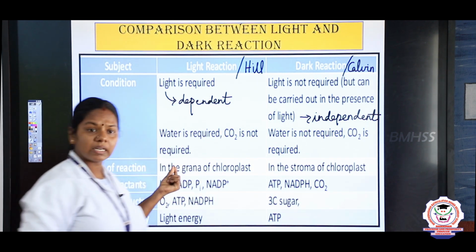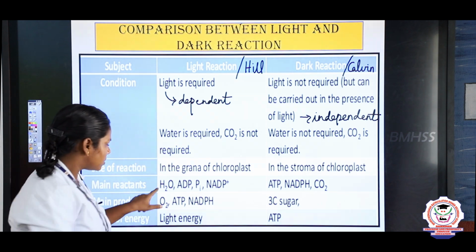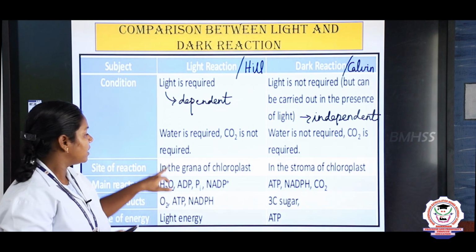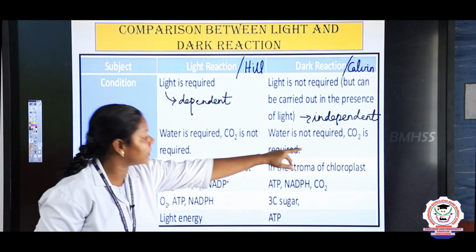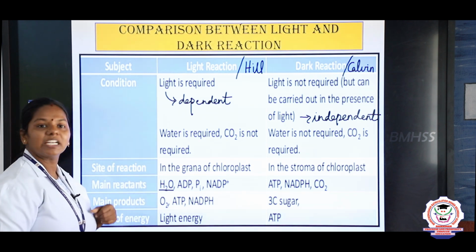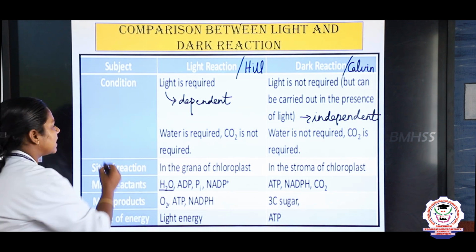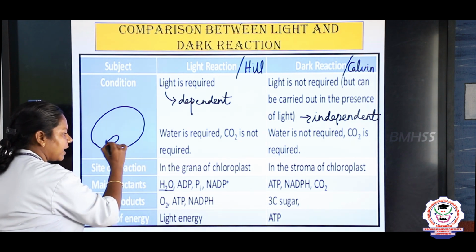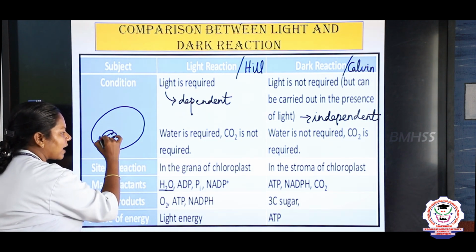And what about water? Water is required, carbon dioxide is not required. And here water is not required but carbon dioxide is required. It is quite the opposite, children. And the site of reaction, here it takes place in the grana. We studied in the chloroplast, the thylakoid membrane is there, right? Thylakoids together form a grana.